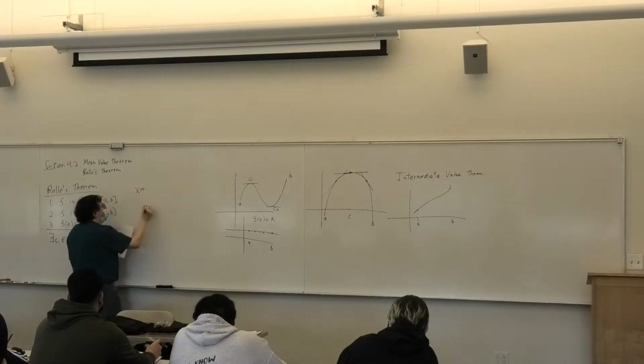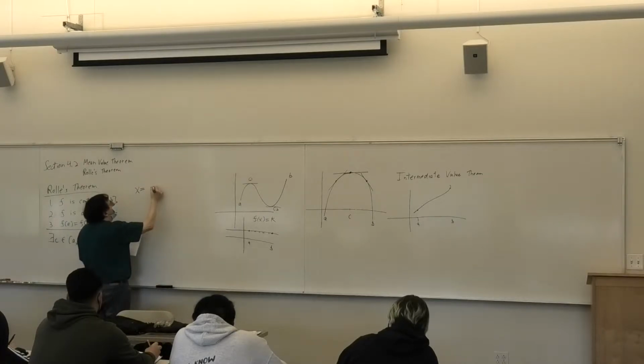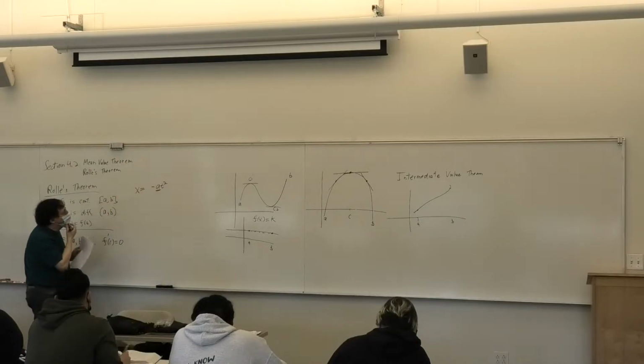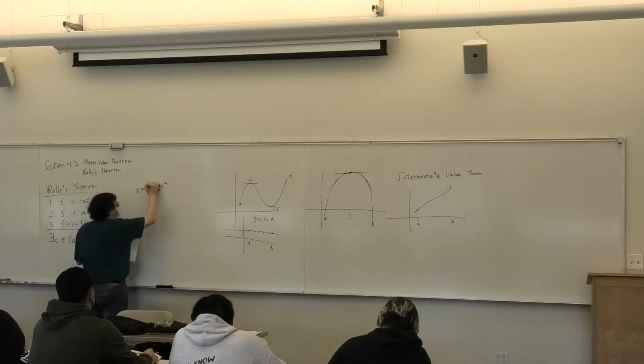You can kind of write that in some manner. If x is, I don't know, negative t squared, where g is a gravitational constant, and I'm going to start throwing it up with some velocity.